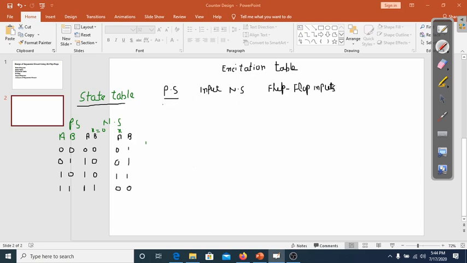So the present state, we have A and B. The input is X and next state.